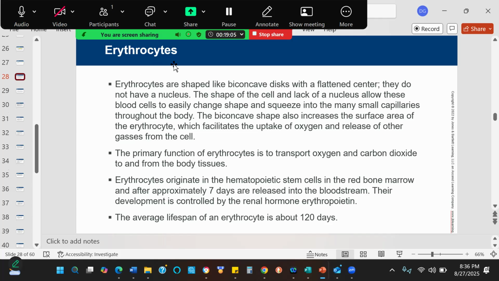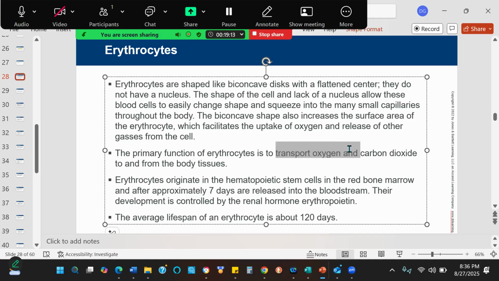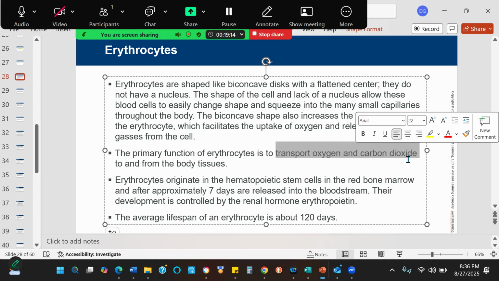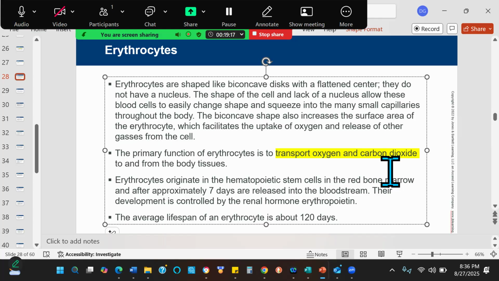But erythrocytes, the red cells, they mostly transport oxygen and carbon dioxide. That's the big thing they do. And you've got to have hemoglobin to do that. Average lifespan of an erythrocyte is 120 days. So they live a pretty good amount of time, but then eventually they have to be replaced.